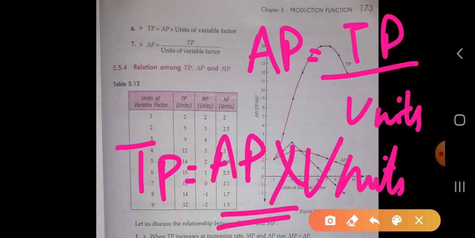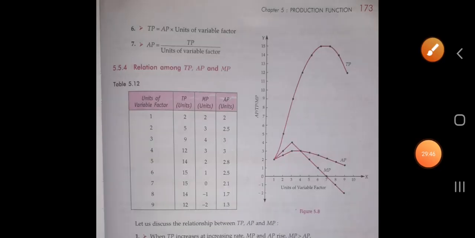If AP is not given, we can calculate AP by TP upon unit. When TP is not given, we can multiply the average product by the unit to calculate the value of the TP and the MP also.